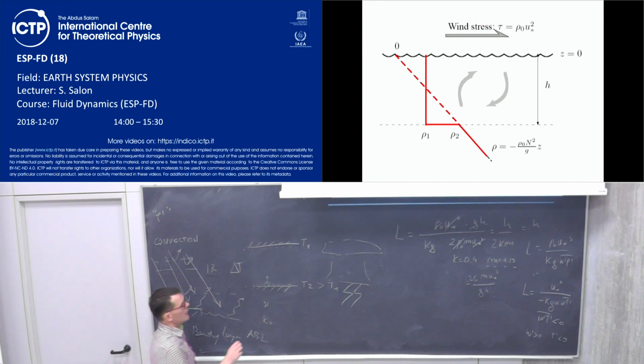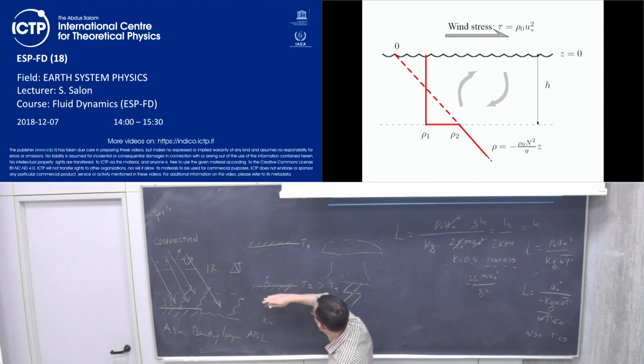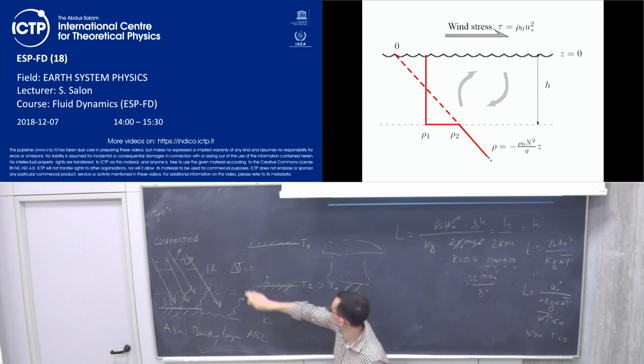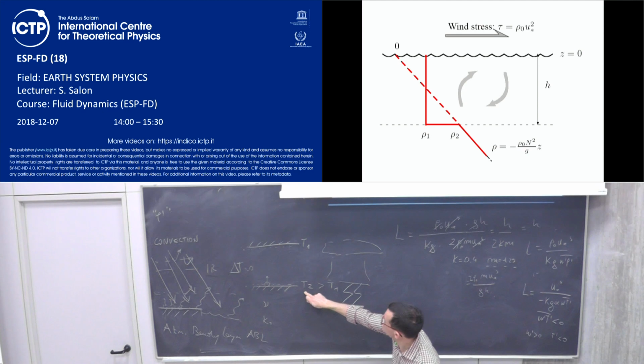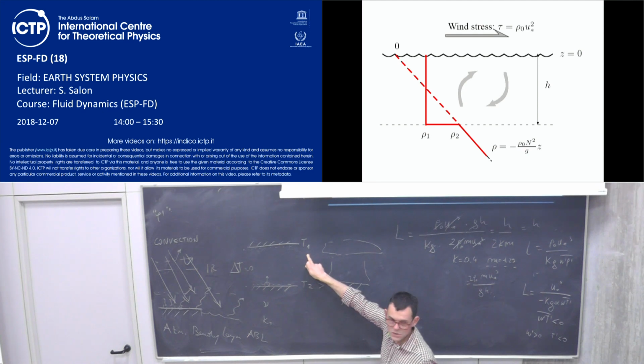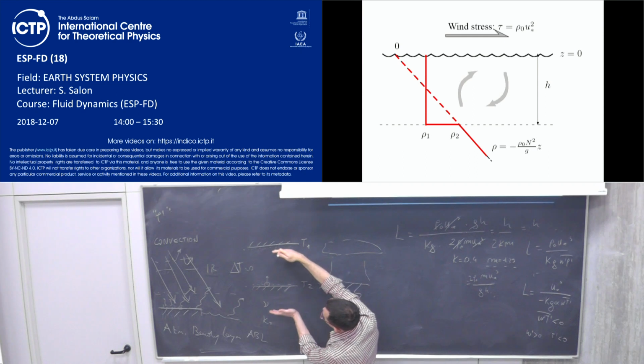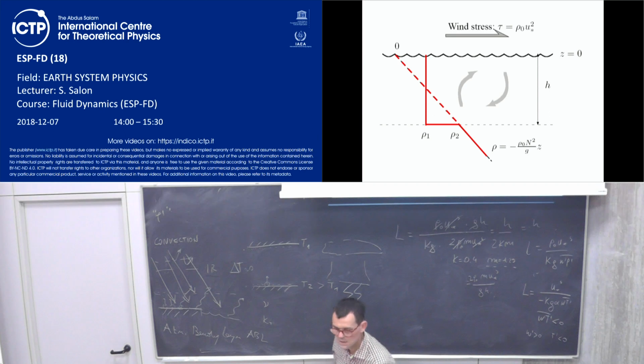So, if we do not have any kind of turbulence, if we have just the variation of T very small, very close to zero, it means that T2 is slightly warmer than T1. Okay, so there is a very small gradient of temperature between the two plates.